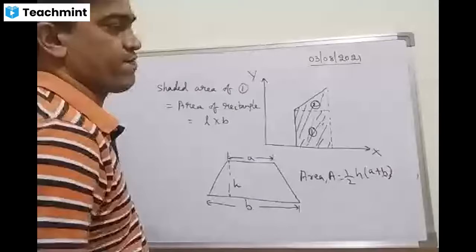Shaded area of part 2 is the area of a triangle. Taking the length as L and this height or breadth as B, the area.